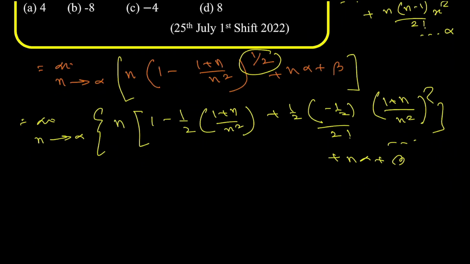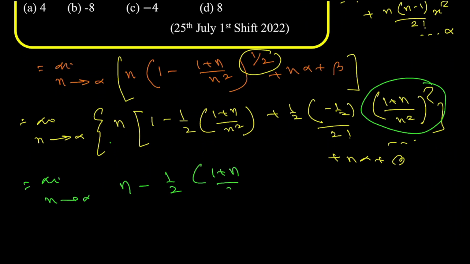You see one thing, everybody: from all these terms, the terms are getting 0 because the denominator is higher. I am multiplying by n. So limit n tends to infinity, here it is n minus half (1 plus n by n), plus all the terms with half into minus half.